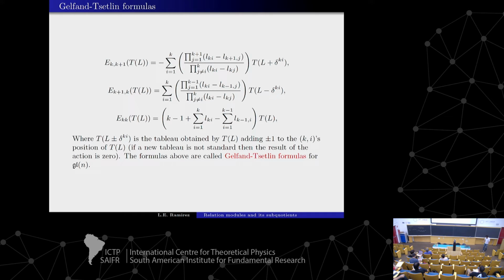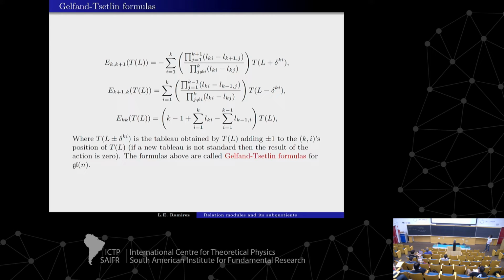Gelfand-Tsetlin formulas. The first time I saw them, they looked quite complicated, but the only relevant thing for me right now about these formulas is that numerators are given by differences between consecutive rows, and denominators are given by differences between elements of the same row.